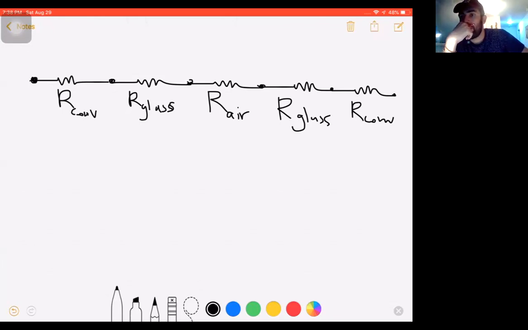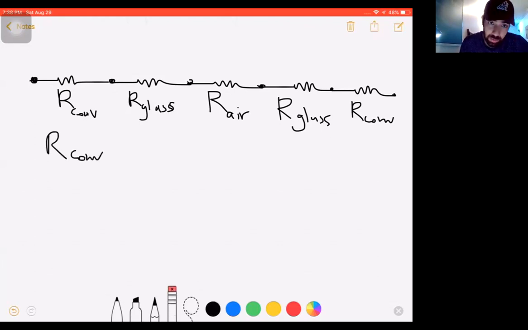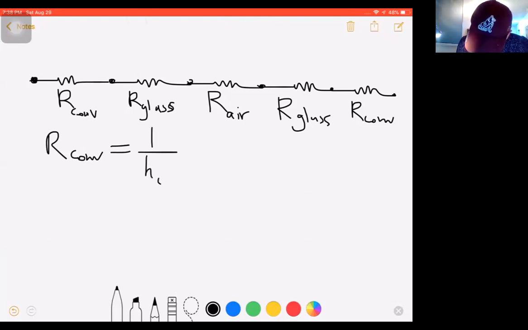So I want to include the area inside my resistances. That's why I can, for example, find the R of convection as 1 over the convection constant, that is 1 over 10.